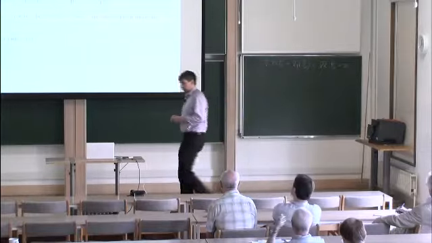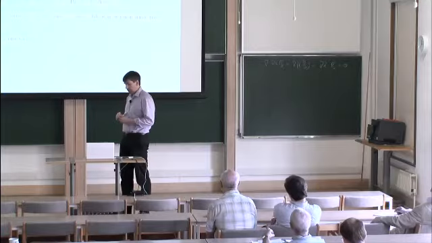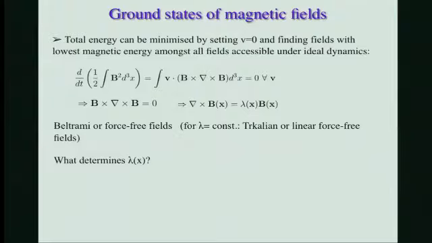So the question is, we have a comparatively large class of ground states here, or states which can possibly minimize the magnetic energy, and which one do we choose for our problem? So what determines this lambda?